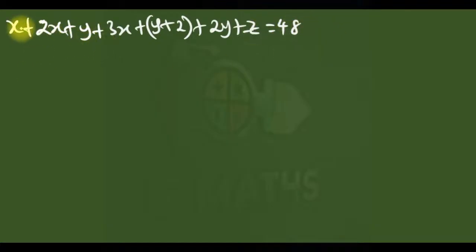If you add the x terms, 3x and 3x give 6x. The y terms give 2y plus 4y, plus z is equal to 48 minus 2, which is 46.